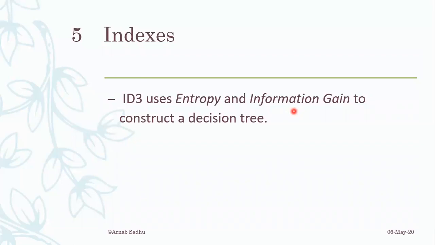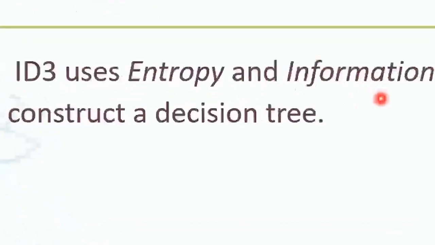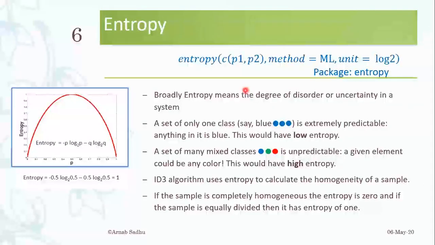So we need to know the definition of entropy and information gain to construct a decision tree. It is broadly said that entropy is a measure of turbulence in a system. For example, if we have a set of only one class, say blue, like in an urn we have 3 blue balls, then if I pick one ball from the urn, I can say with guarantee that it's going to be blue, because only blue balls are there in the urn.